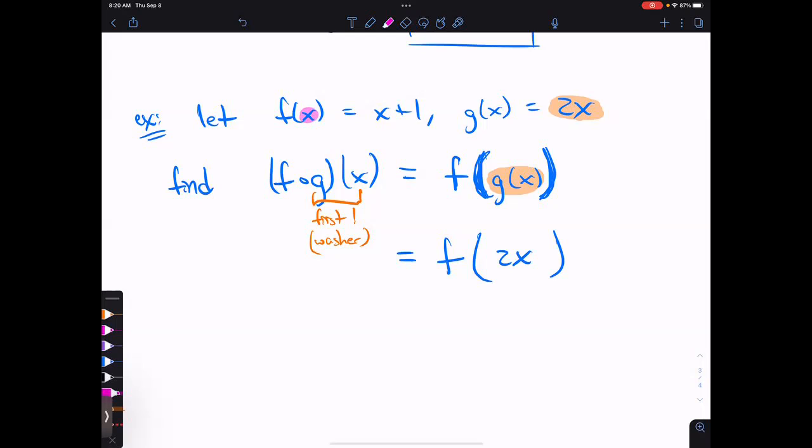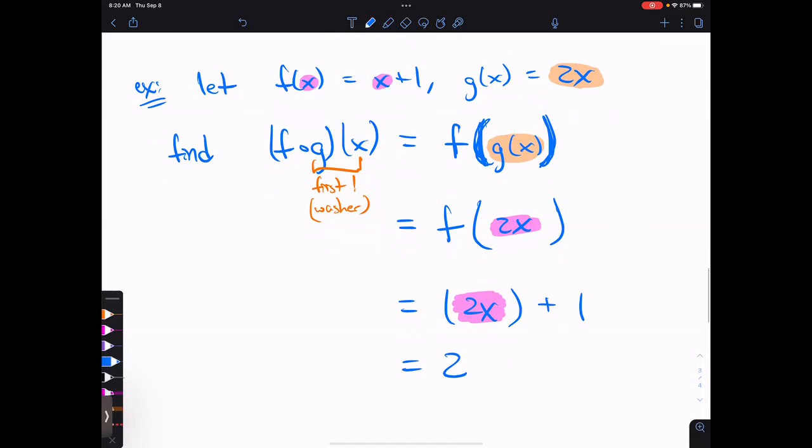So anywhere X shows up in the definition of F, I'm just going to replace it with what? One more time? 2X. And then if we can simplify anything, we do. So 2X plus 1.